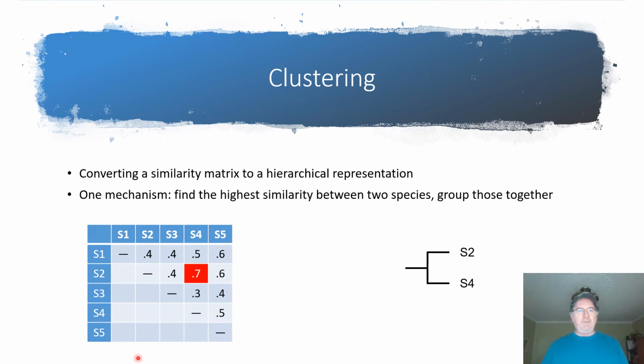So for example, how similar is S1, species 1, to the group S2, S4? Well, let's see. For S1, the similarity index value is 0.4 for S2, and for S4 it's 0.45. Take the arithmetic average of that, and that would be 0.45. Do that over all combinations.